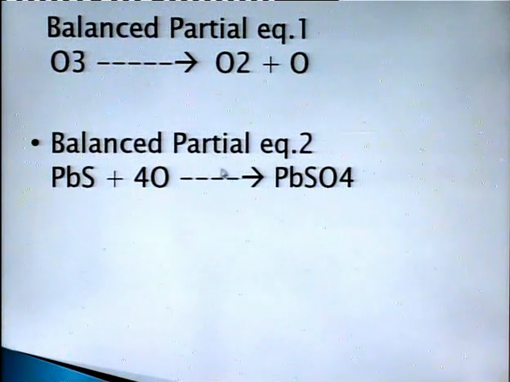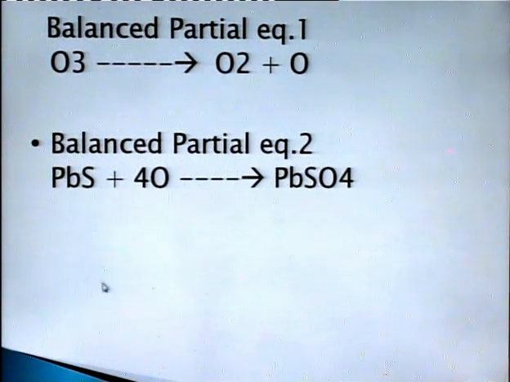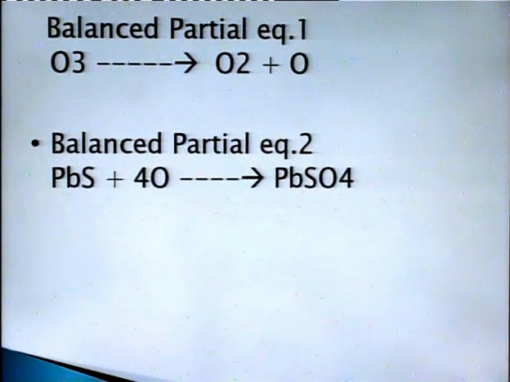Now let us balance the second partial equation, PbS plus O changing into PbSO4. If we compare the number of lead atoms, Pb is 1, this side also contains 1 Pb, this side contains 1 sulfur atom. Similarly, towards right hand side there is also 1 sulfur atom, means lead as well as sulfur are already balanced.